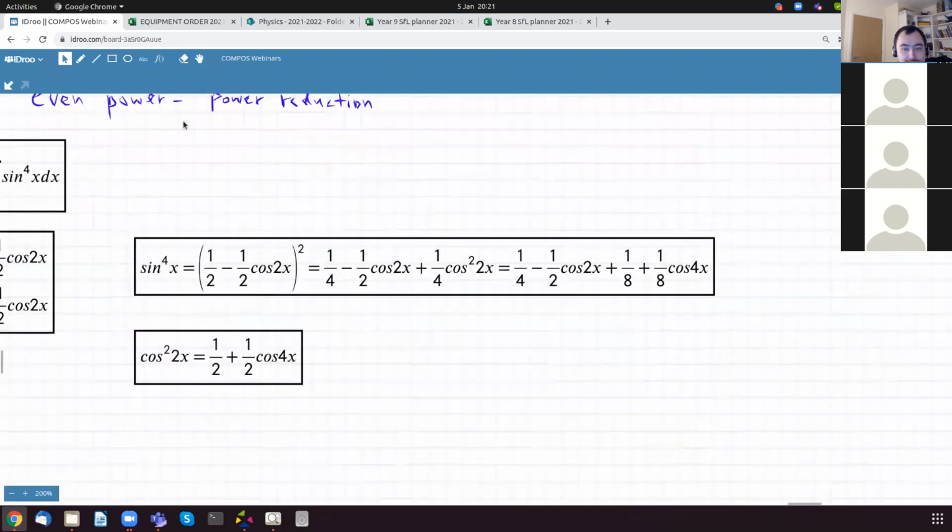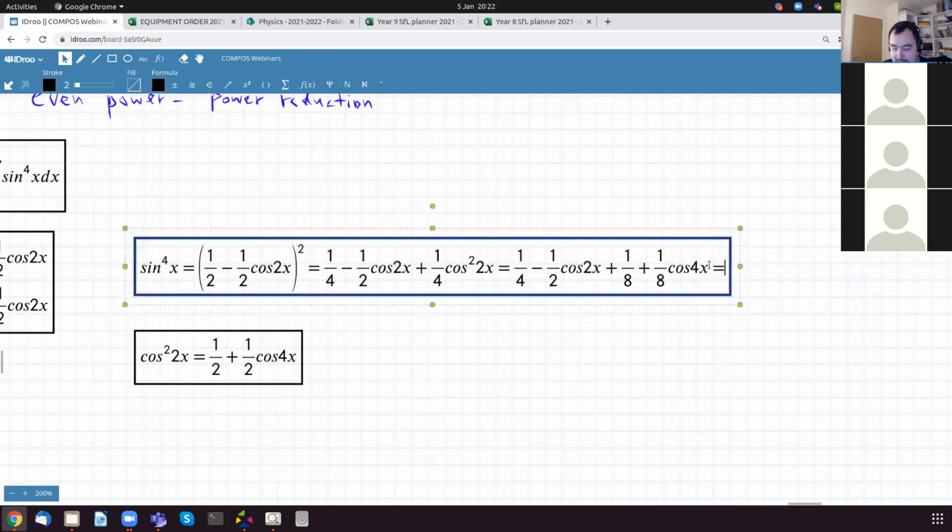Okay, and finally we combine the terms without cosine. It's going to be 3/8, so a quarter plus 1/8 is 3/8, minus a half cos 2x plus 1/8 cos 4x.